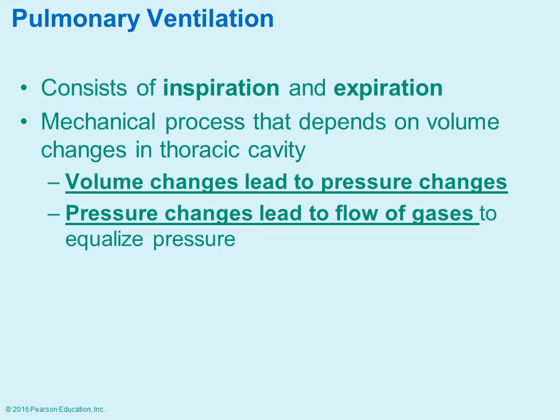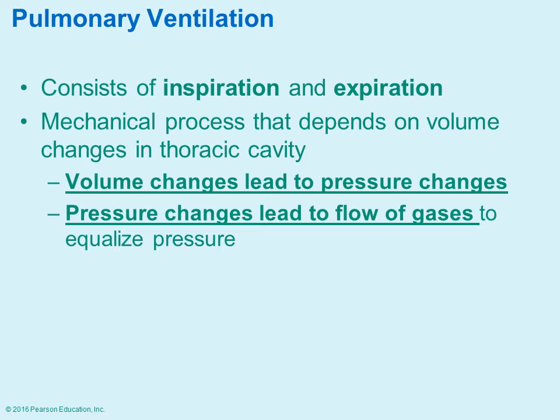When you exhale, essentially some of those muscles are now relaxing. The thoracic cage is going to move down and inward, thereby decreasing the volume of the thoracic cavity. Once again, volume and pressure are inverse or opposite.